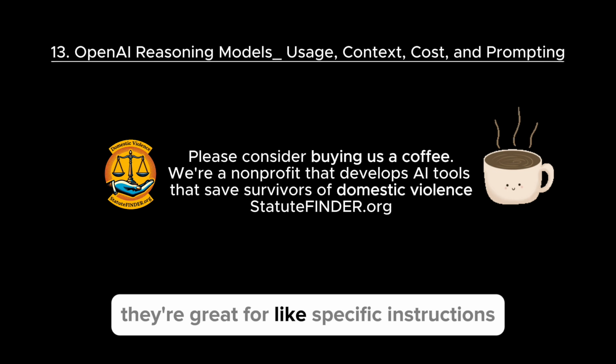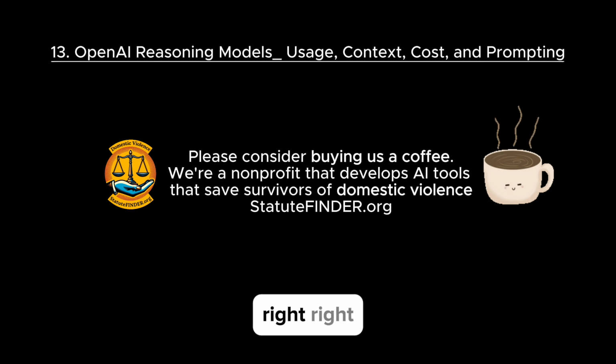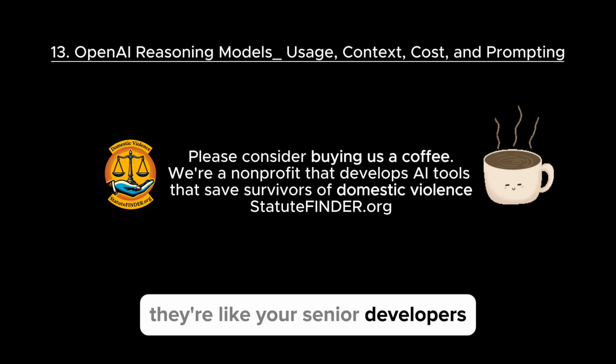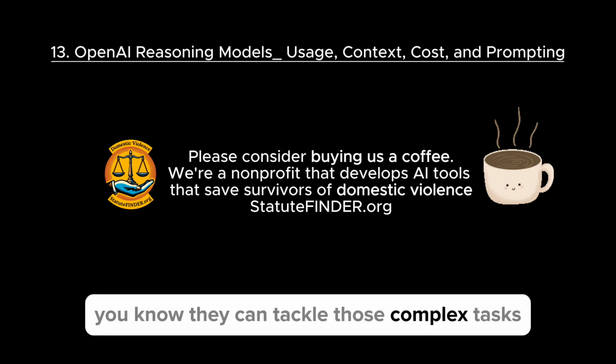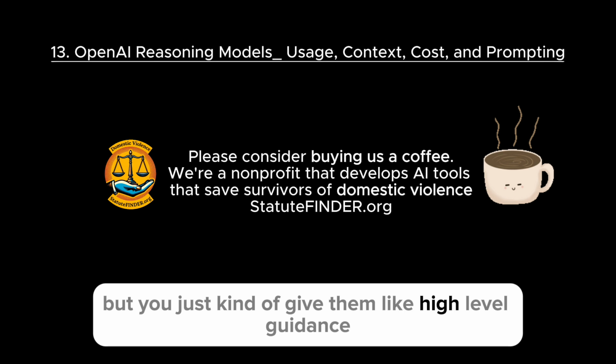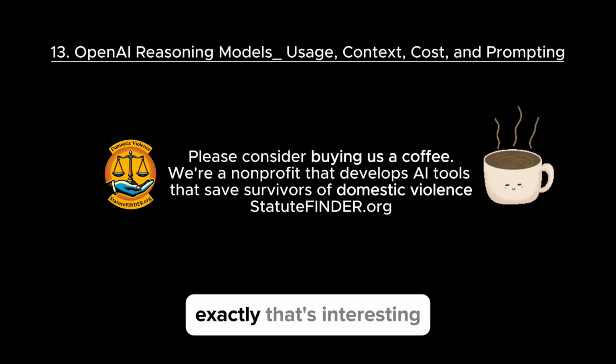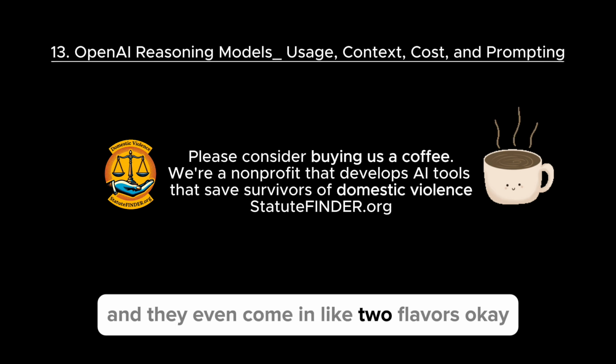They're great for specific instructions. Reasoning models, on the other hand, are like your senior developers. They can tackle those complex tasks, but you just give them high-level guidance. So they can figure it out on their own.